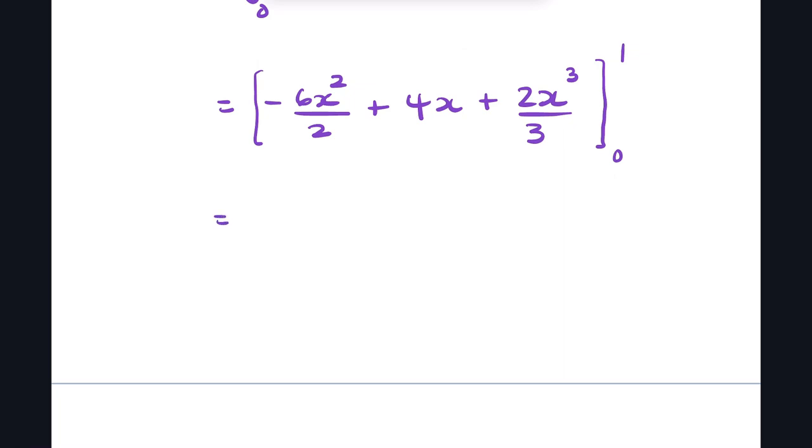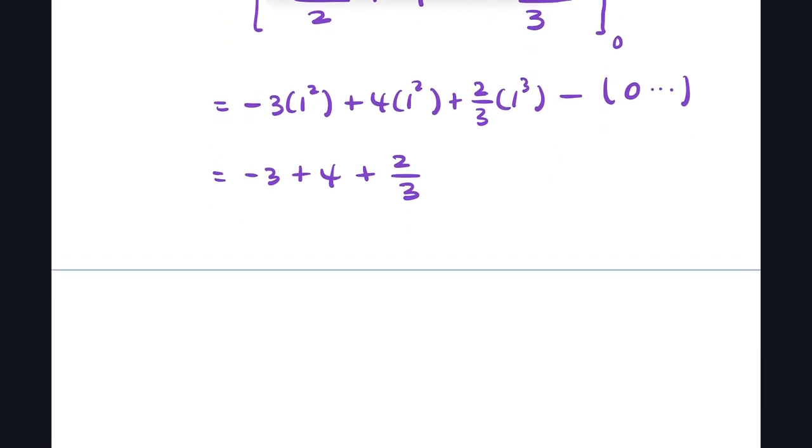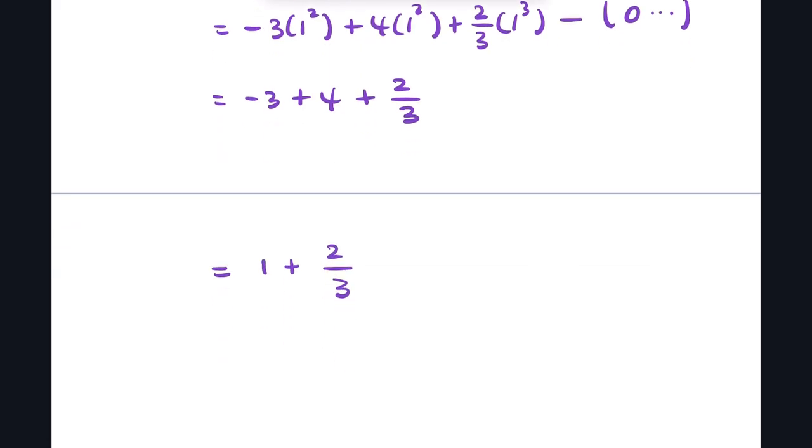So 6 over 2 is 3, so that's minus 3 times 1 squared plus 4 times 1 plus 2 over 3 times 1 cubed, minus, it'll just be lots of zeros. So that will give me minus 3 plus 4 plus 2 over 3. So that will give me 1 and 2/3.